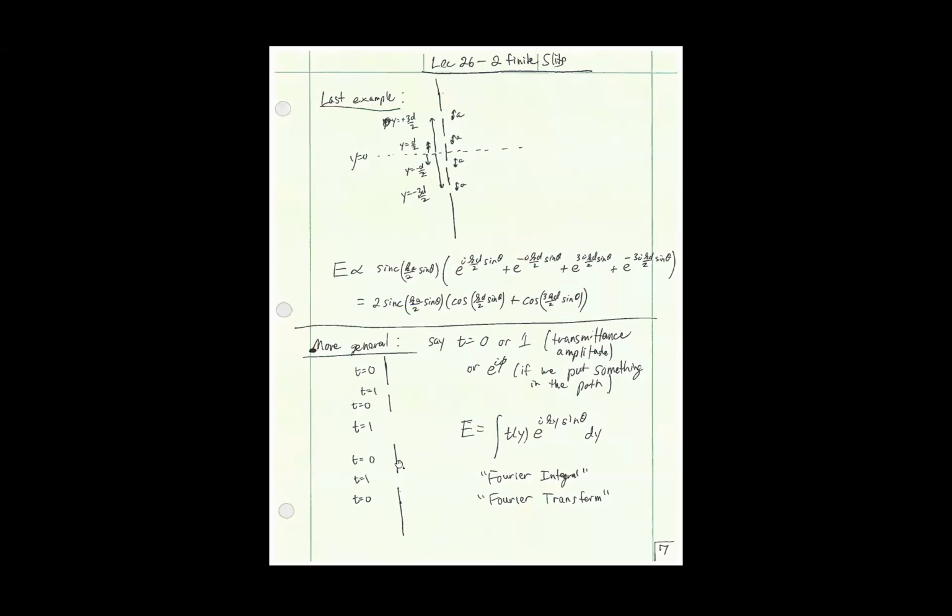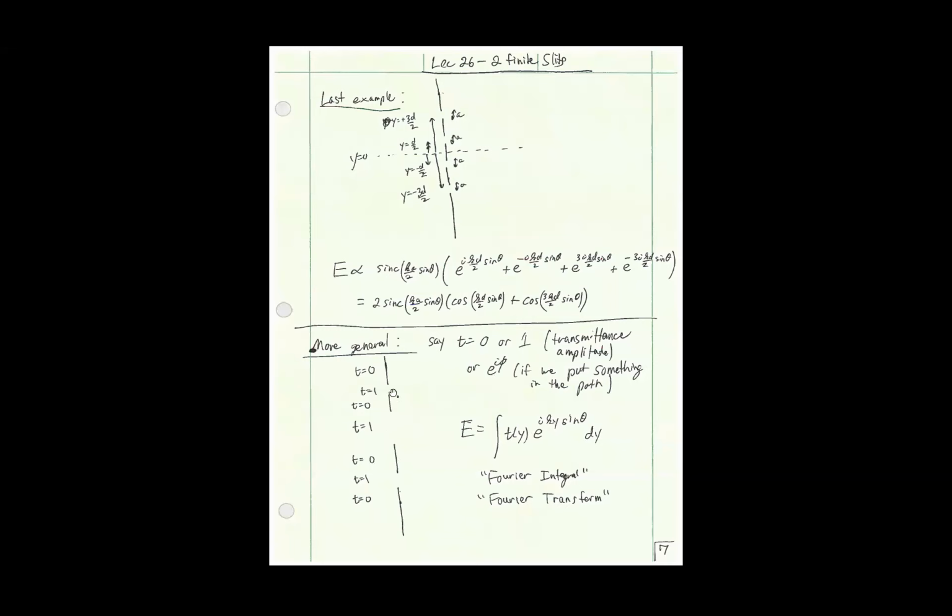Or here's the beauty of it. In other places, if I put a phase mask here, I could say that here the integrand is neither 0 nor 1, but rather e to the i phi. So I would be taking this e to the i k y sine theta and multiplying it by a function that would be 0 here and here.